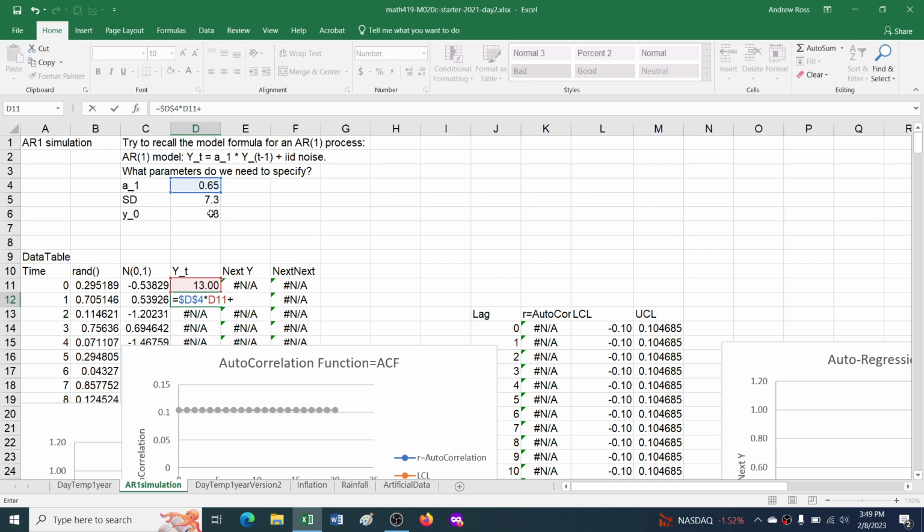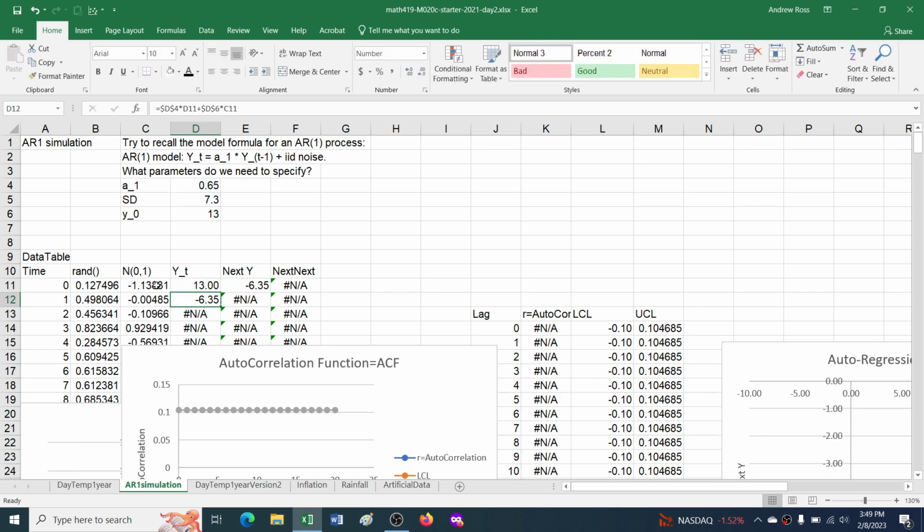So I can do this 7.3, lock that reference, times a standard normal distribution, mean 0, variance 1. And then I can fill that down.